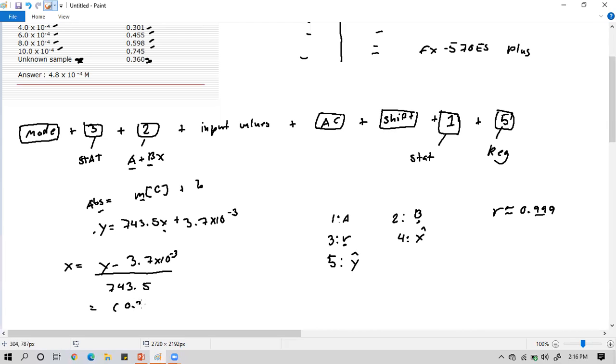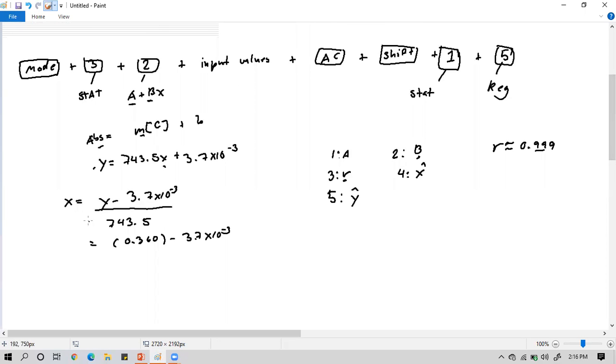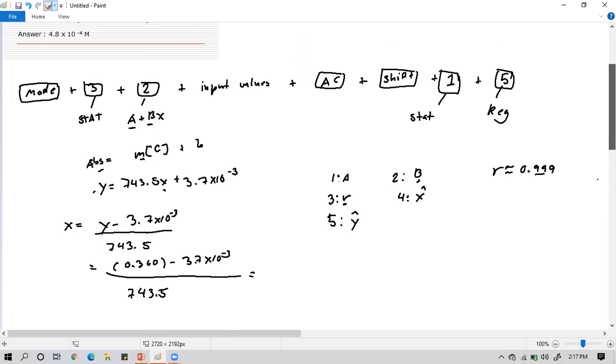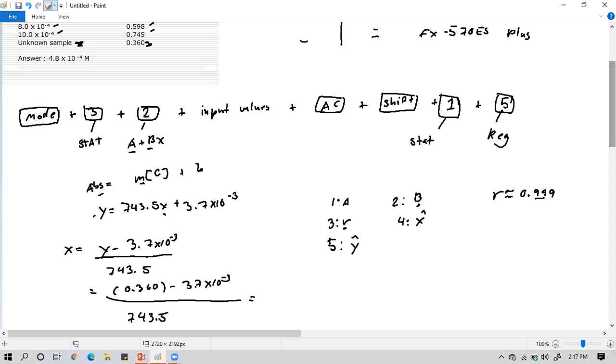That is 0.360 minus 3.7 times 10 raised to negative 3, ayan, all over 743.5. So, ang value niyan, guys, ay, tignan natin, 4.79 times 10 raised to negative 4, which is tumama sa may answer natin.